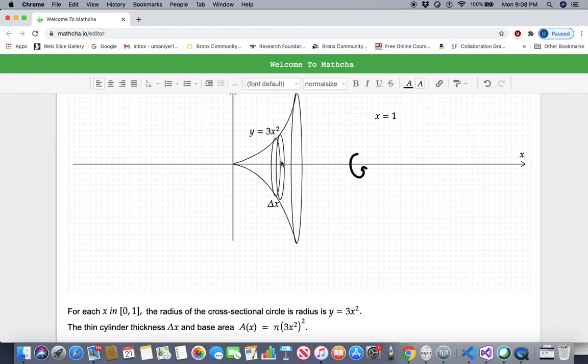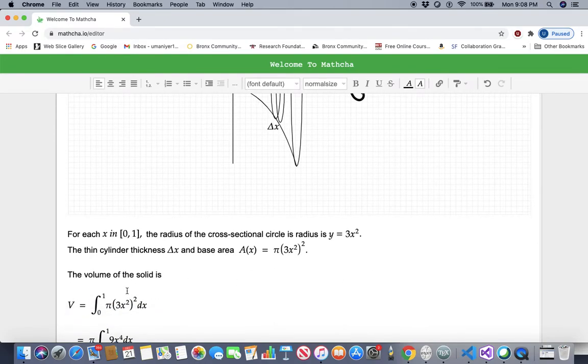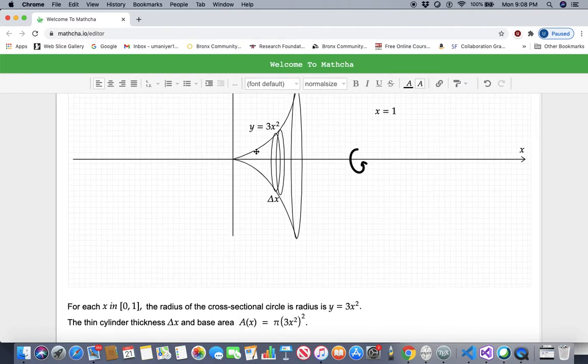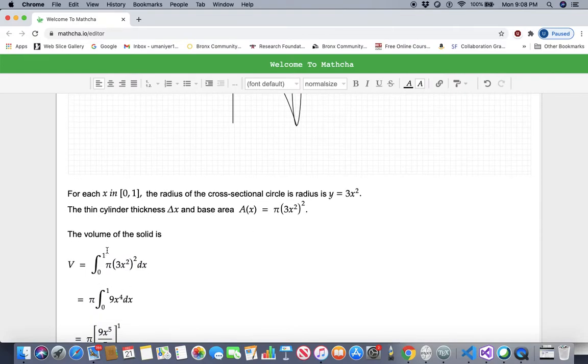The area of a cross-sectional circle is pi times the radius squared, which tells me the volume of the solid. It is integral 0 to 1, because my solid is supported on the x-axis from 0 to 1. So integral 0 to 1, cross-sectional area dx.